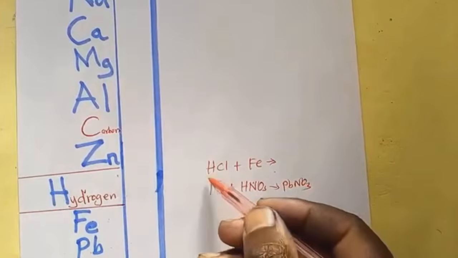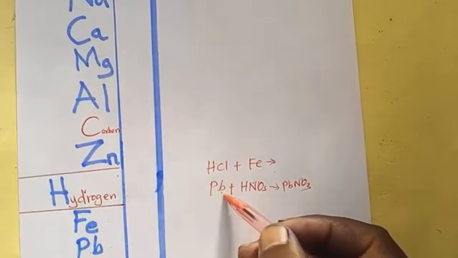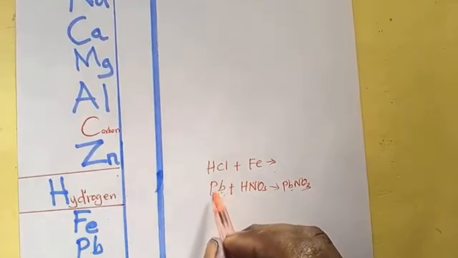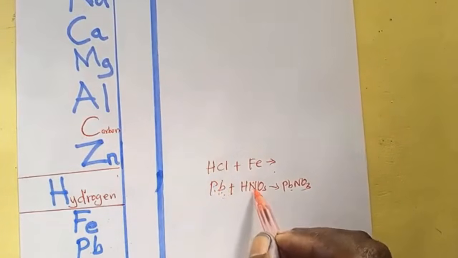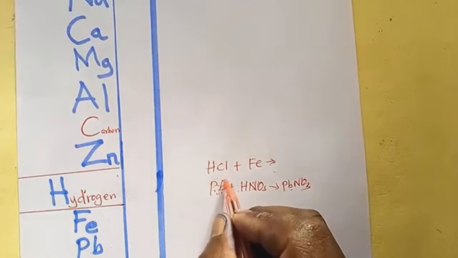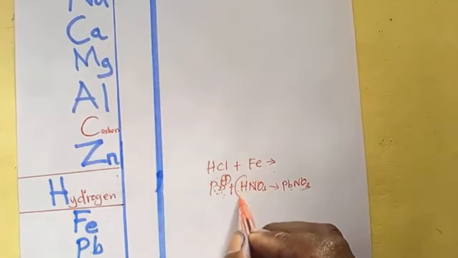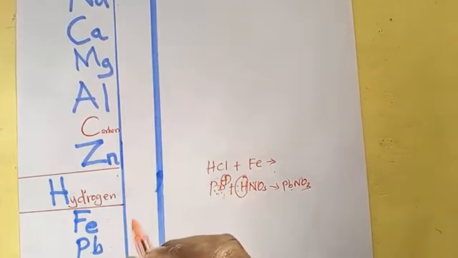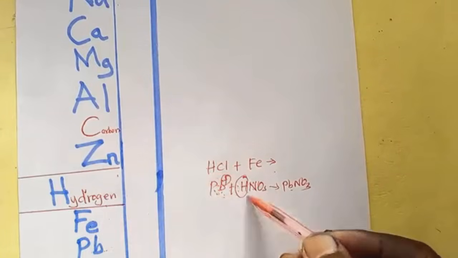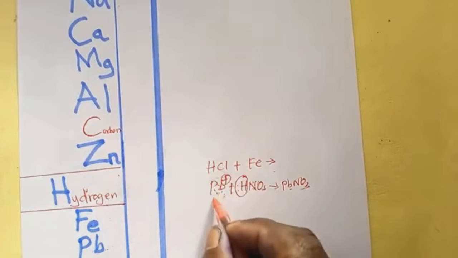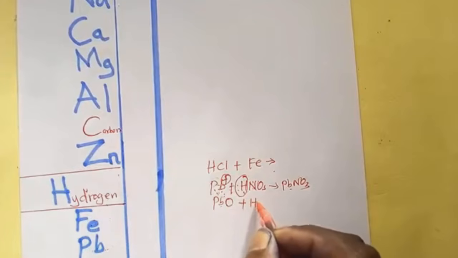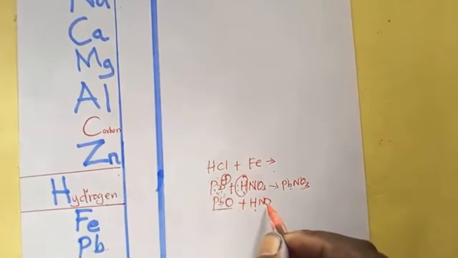If you are asked, starting with lead, to describe how to prepare lead nitrate, there is no way you are going to say add nitric acid to lead. Why? Because lead ions cannot displace the hydrogen here, because lead is less reactive than hydrogen. You understand that? Therefore, in this case, you must react lead with oxygen to form lead oxide and then react with nitric acid. Now you must make it an oxide.